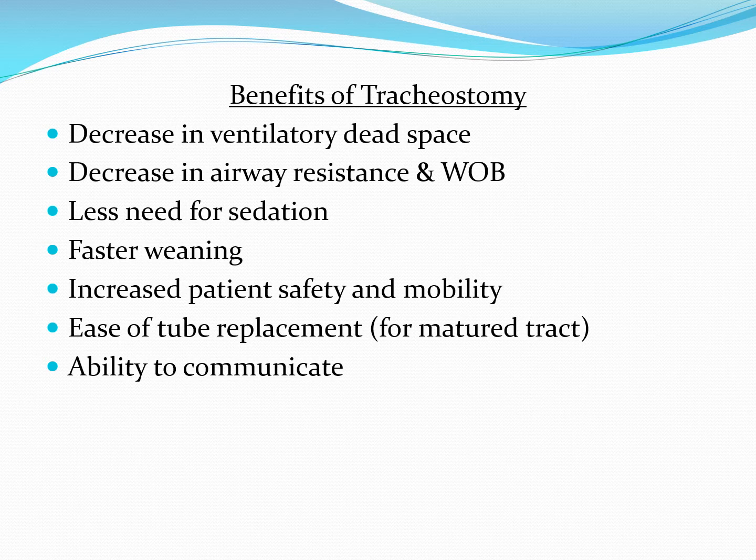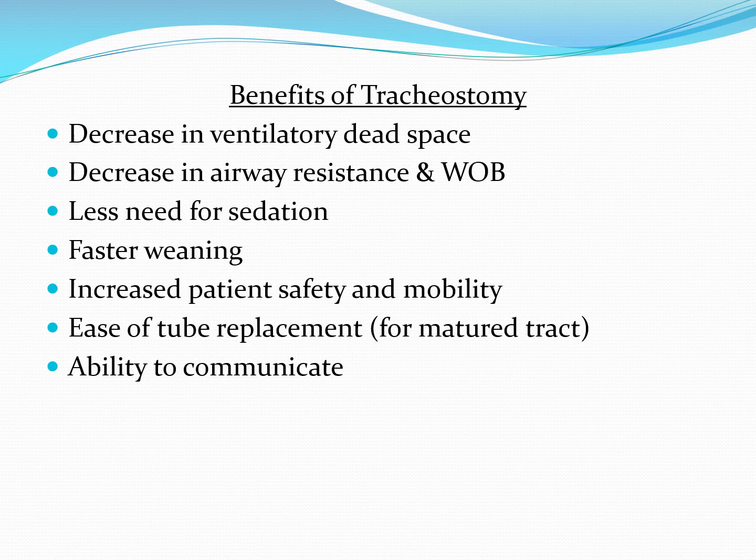The length of an endotracheal tube is roughly 3 times that of a tracheostomy tube. So the tracheostomy tube does a few things. Number one, it imposes about 1/3 of the dead space, so much less dead space. It also imposes much less resistance, thereby causing much less work of breathing.